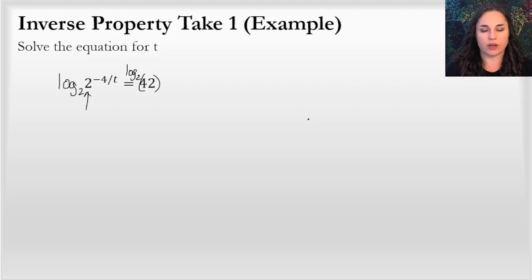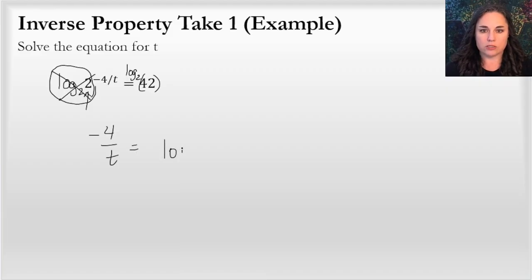It's the same as if I have x squared equals 42. If I do a square root on this side, I have to do the square root on this side. I'm operating on 42. That's how we think about it. So let's keep solving this equation. When I take a log base 2 of 2, that's going to cancel out. Over on this side, I'm left with just that exponent, -4t.